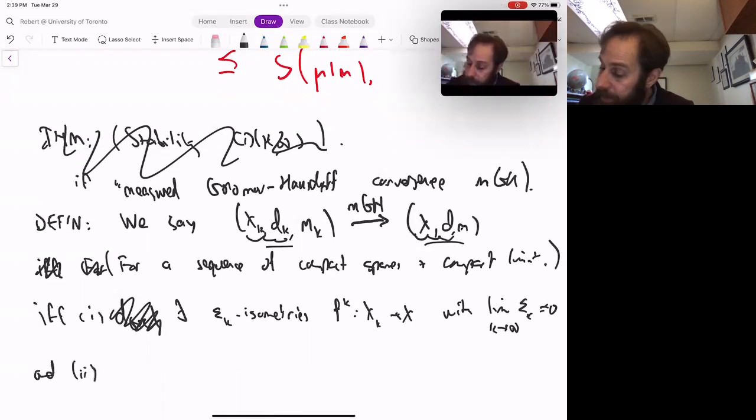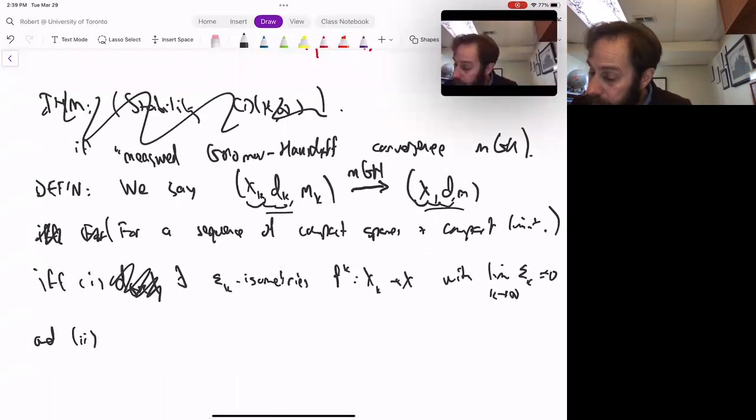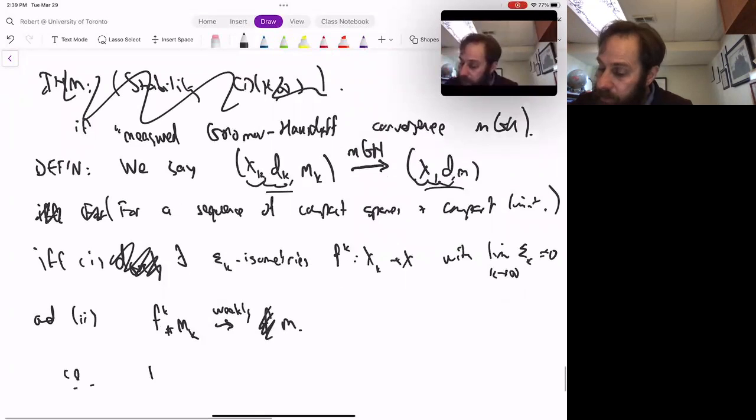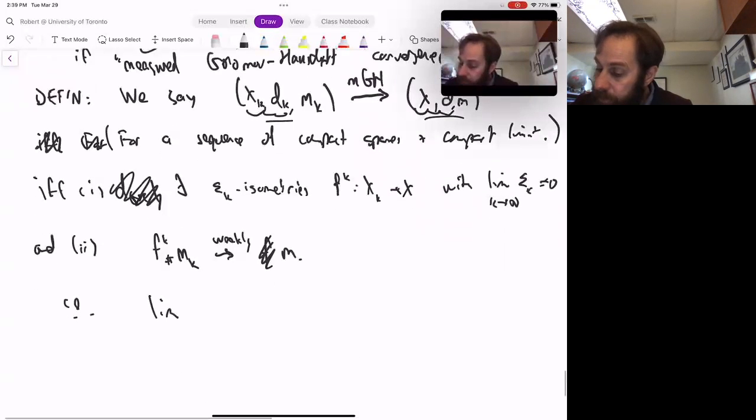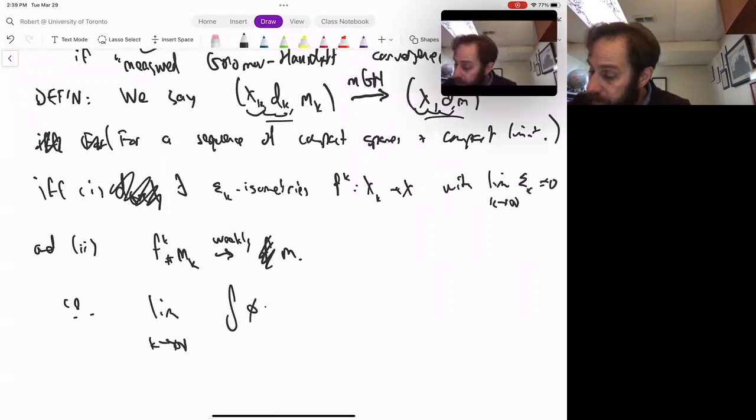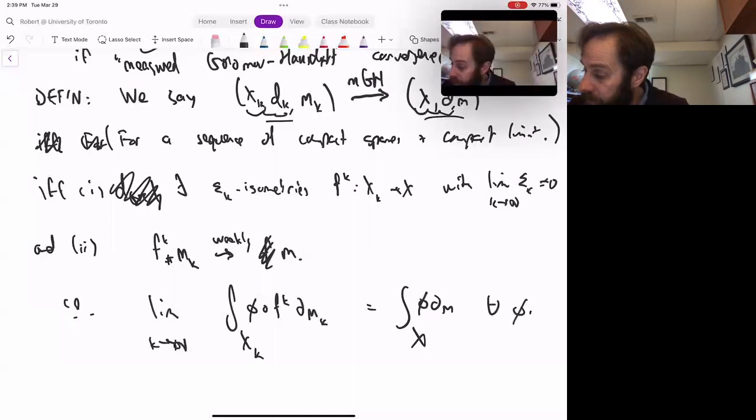And also the push forward under f_k of m_k should converge in the weak sense to the limiting measure, i.e., the limit as k goes to infinity of the integral of phi composed with f_k dm_k over X_k should be the integral of phi dm for every continuous phi on the limiting space.